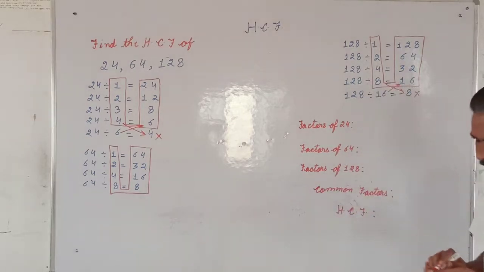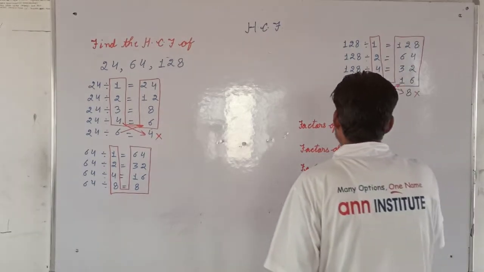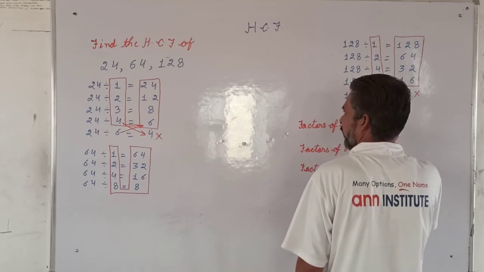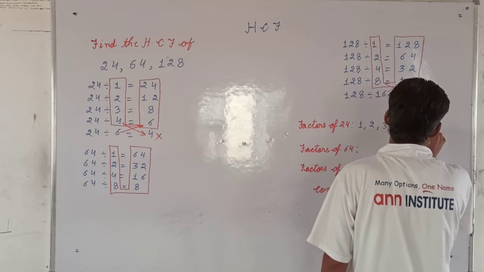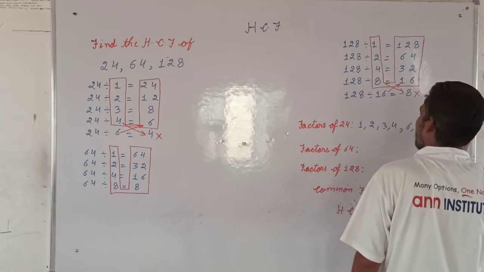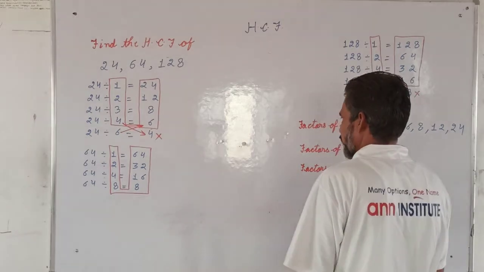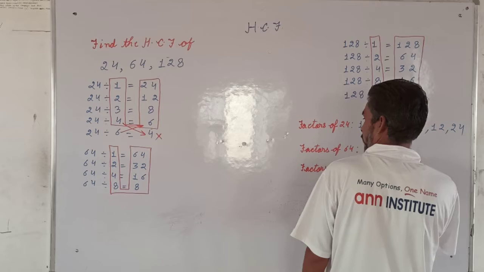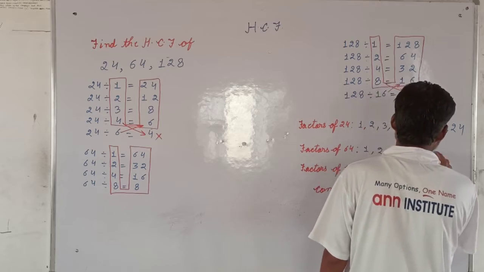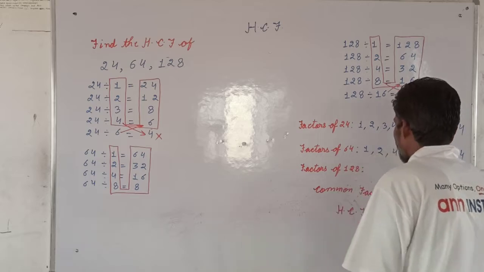So first of all, we will list the factors. Factors of 24 are 1, 2, 3, 4, 6, 8, 12 and 24. Factors of 64 are 1, 2, 4, 8, 16, 32 and 64.